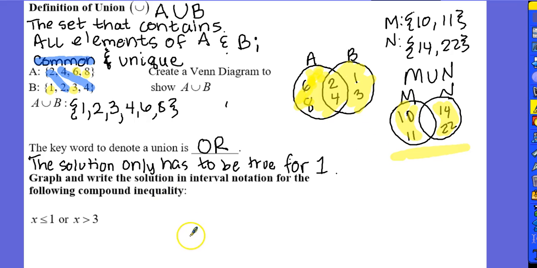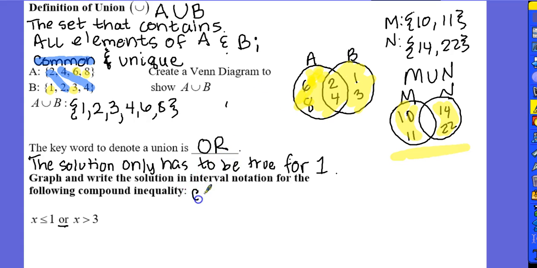Okay? So here we have a statement, x is less than or equal to 1, or x is greater than 3. So this says or, yes? So I cannot write this as a double inequality. So I'm going to make myself a little note.